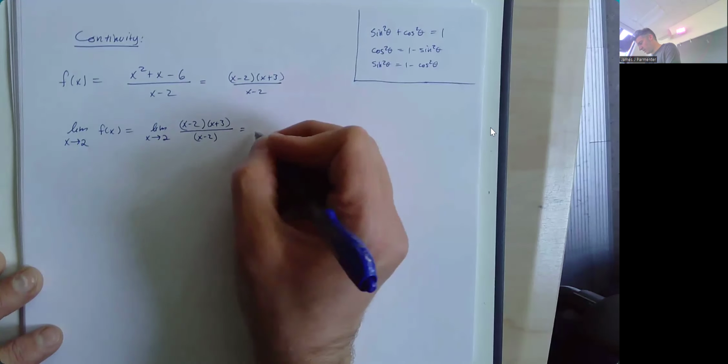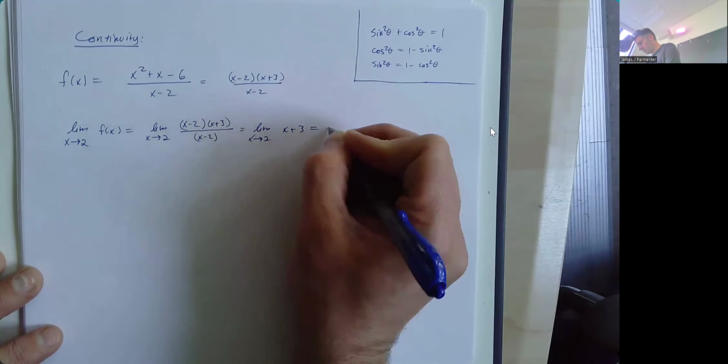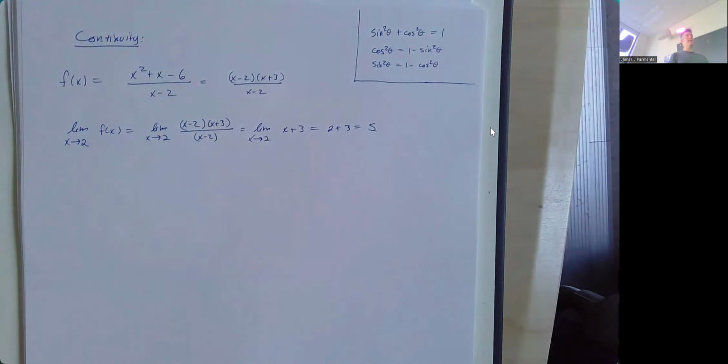And then you can cancel the x minus 2. So you get the limit as x approaches 2 of x plus 3, which is 2 plus 3, which is 5. And the limit exists as x approaches 2, or really anything, but I'm focusing on 2 specifically.